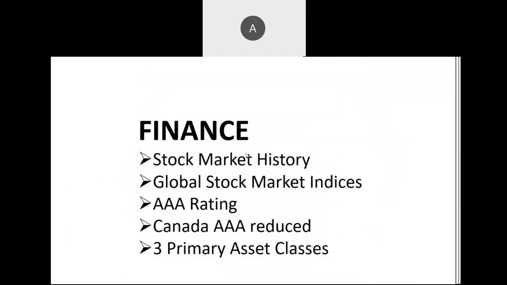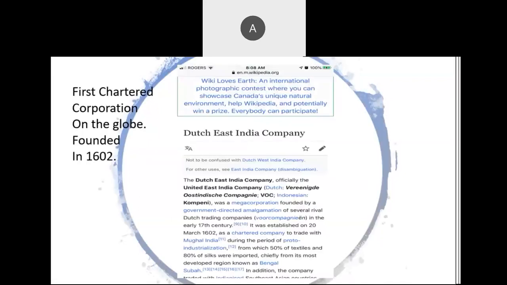So let's back up a little bit. In this PowerPoint today, we're going to have a look at stock market history, a few global stock market indices, just a few of them because there are hundreds. AAA rating, Canada's AAA rating reduced at the beginning of the pandemic, and three primary asset classes.